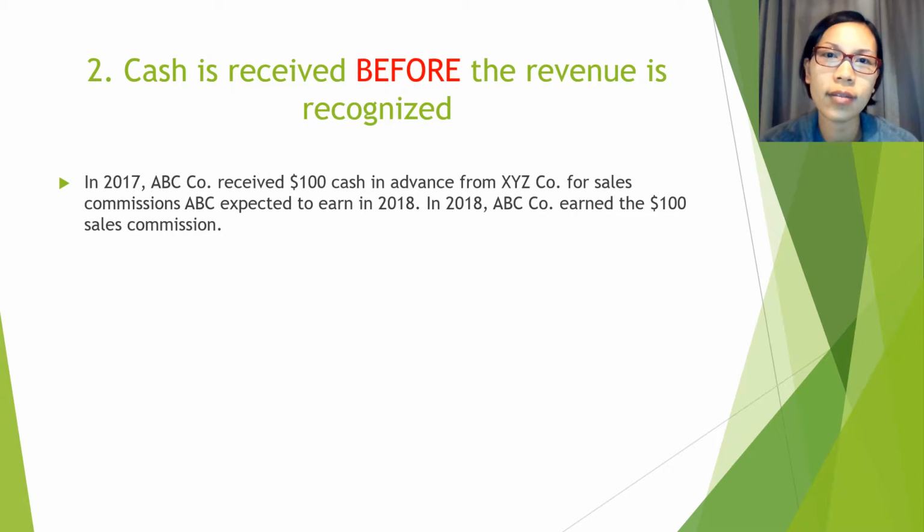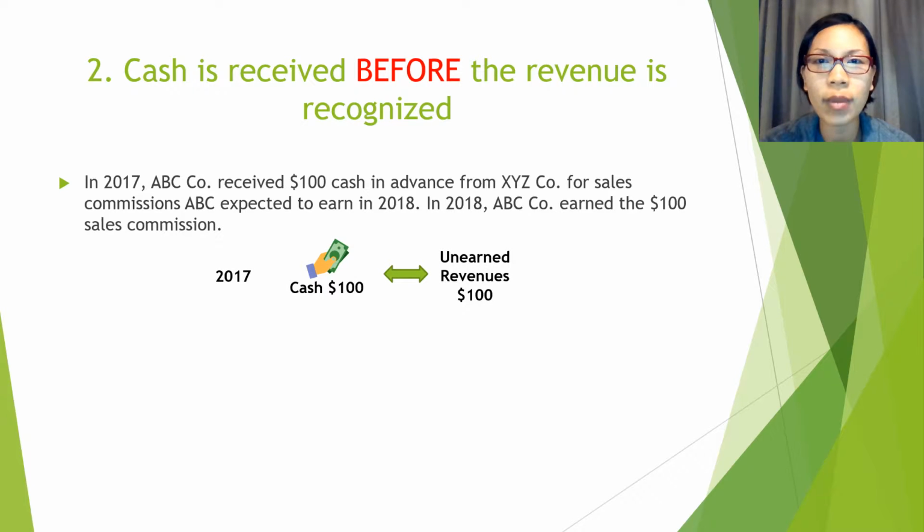In the second case, let's assume in 2017, ABC company received $100 cash in advance from XYZ company for sales commissions. In 2018, ABC company earned the $100 sales commission. As you can see, in 2017, ABC received the cash in advance and hadn't performed the service yet, so the company has an increased liability called unearned revenue.